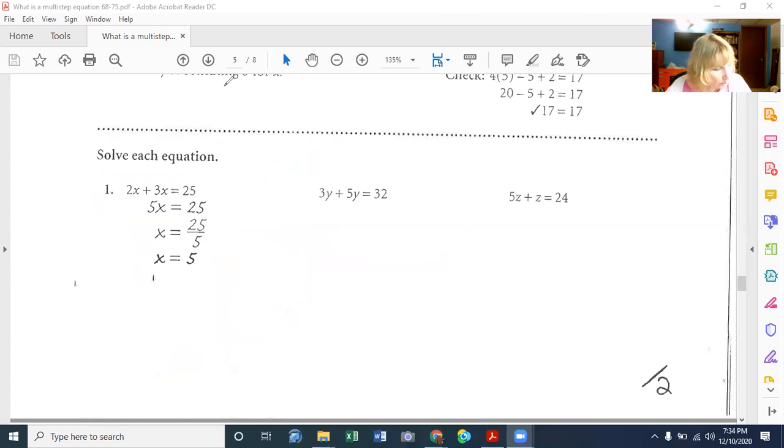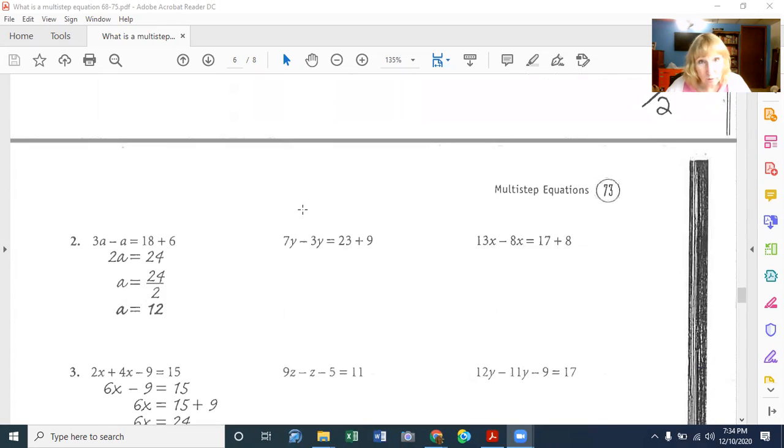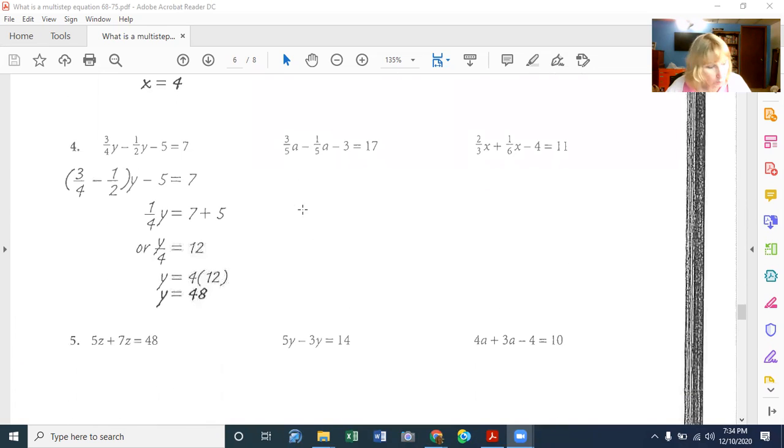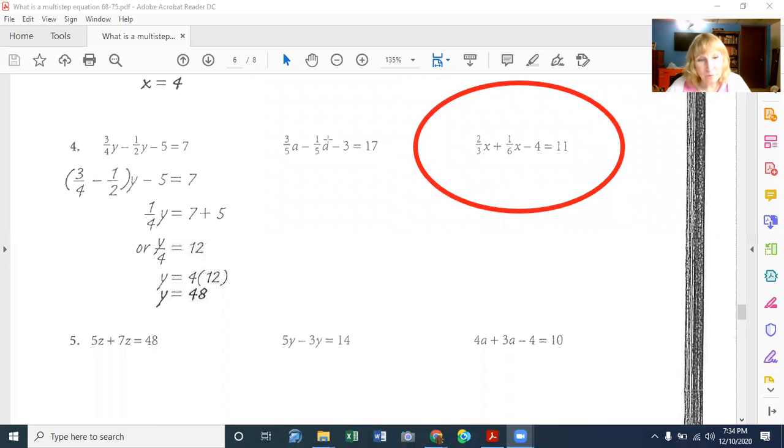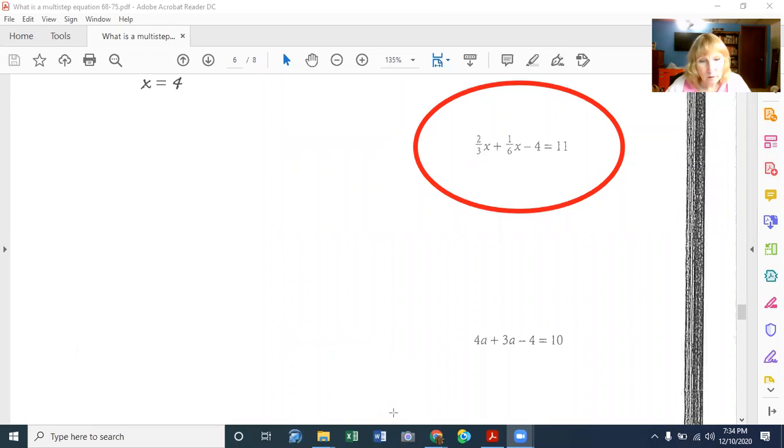And now let's go on to page 73, row 4, problem number C. Or should I say letter number C? So this one. Okay, I'll make a little space here for us. Okay, this one looks a little more complicated, but it's not that bad.